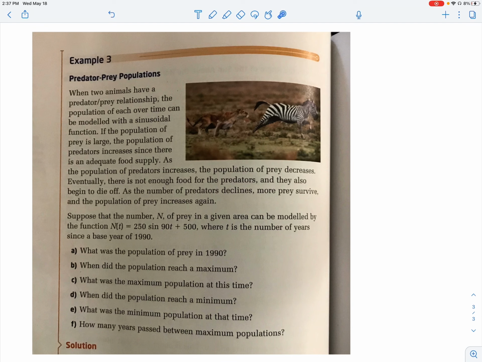As the population of predator increases, the population of prey decreases. Eventually, there is not enough food for the predators, and they also begin to die off. As the numbers of predators declines, more prey survives, and the population of prey increases again. So there's this kind of relationship where the one kind of follows along the other.